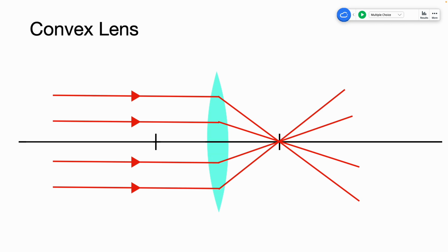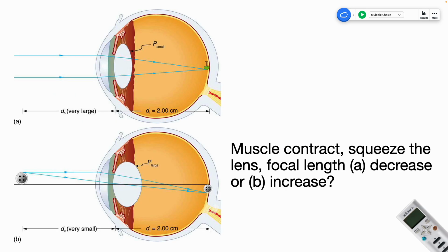If you want a more powerful lens, you want the focal length to be shorter. That can converge the light at a shorter distance, and that's what you need when you are looking at something pretty close. When the object becomes closer, the image will move backward, and to make the image come back, you want to increase the power of your lens.